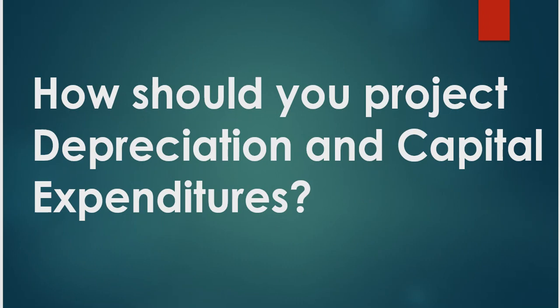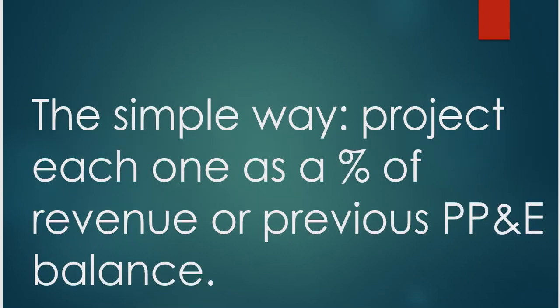Next one: how should you project depreciation and capital expenditure? A simple way is to project each as a percentage of revenue or of the previous year's PPE balance, as we use in the industry.